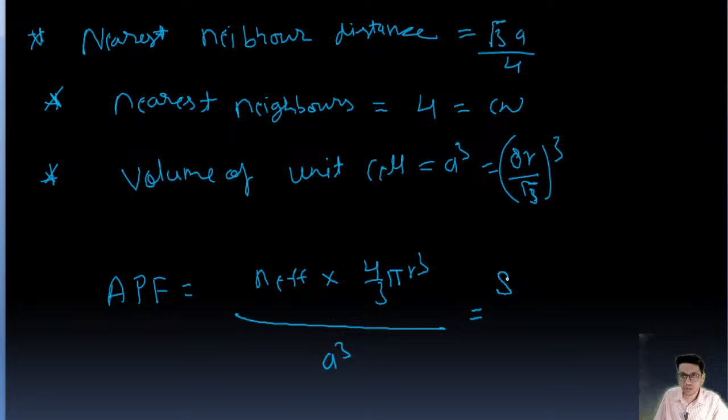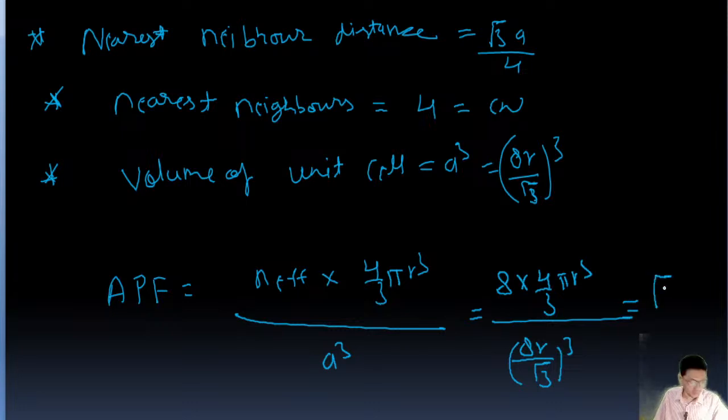So we'll put the values. This is going to be 8 into 4 by 3 pi r cube upon (8r upon root 3) cube. And this value is going to be root 3 pi by 6, and that is equal to 34%, 0.34.